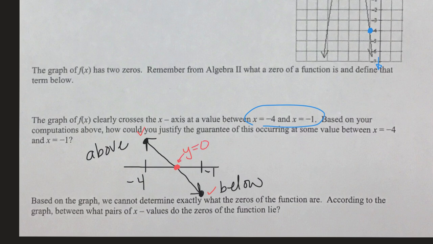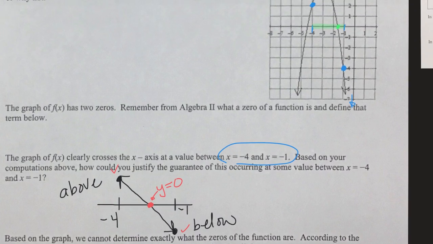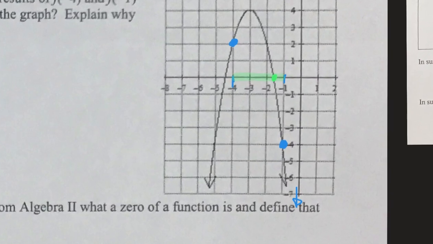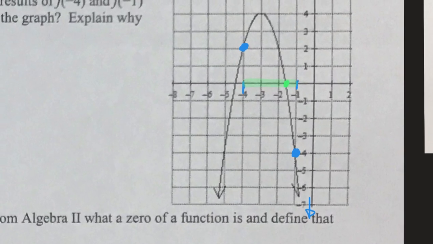So based on the graph, we cannot determine exactly what the zeros of the function are, but according to the graph, between what two x values does a zero lie? We already determined that it was between -4 and -1. Probably a better interval might be from -2 to -1, because you have a positive y value at -2, and you have a negative y value at -1.